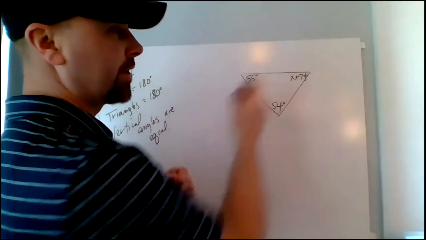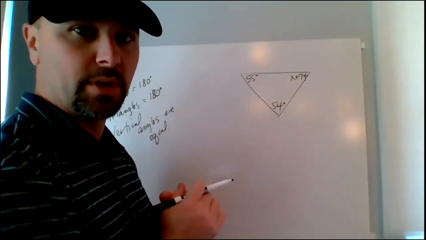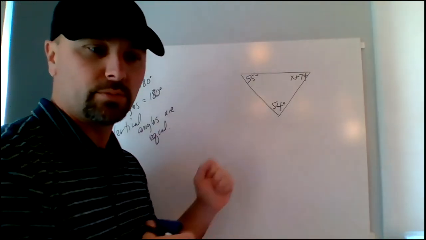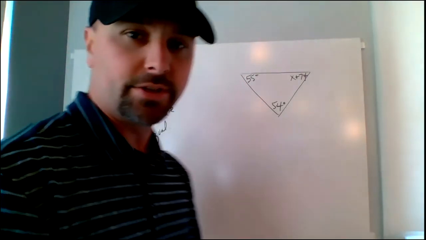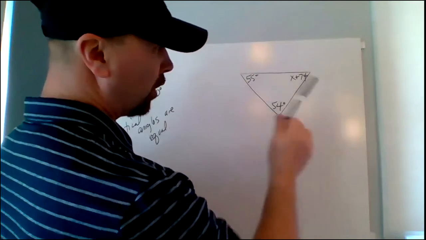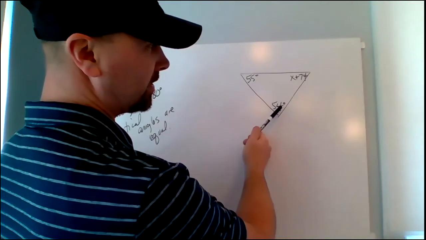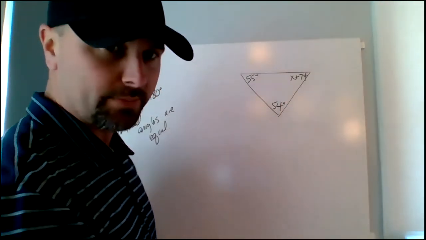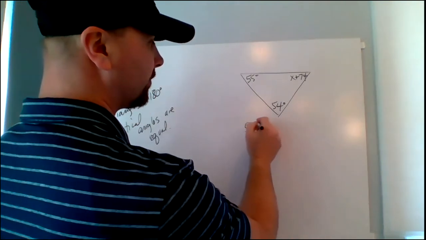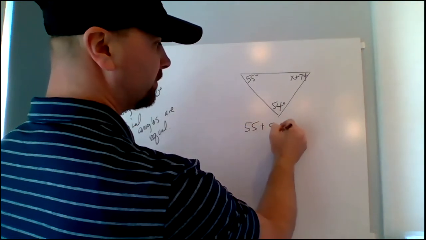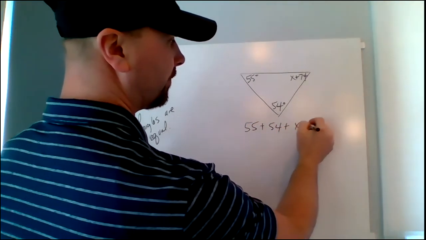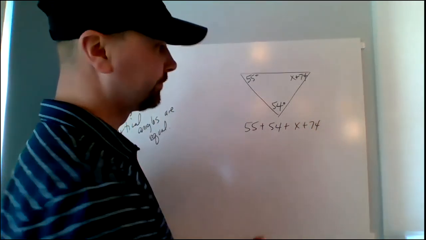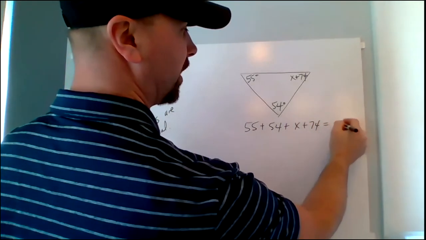What we know is all three angles together equal 180. And so, since we're continuing with our algebra, let's go ahead and set up this equation. What we know is 55 degrees plus 54 plus this expression equals 180. So I'm just going to start by writing out what I know. 55 plus x plus 74 equals 180.